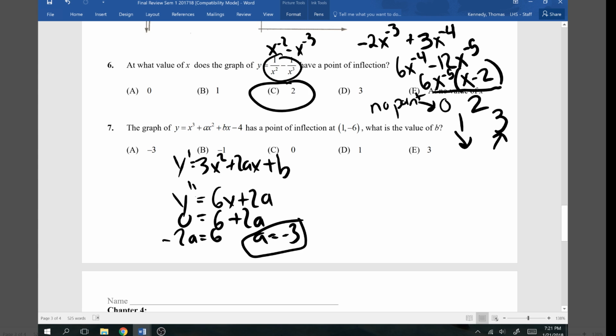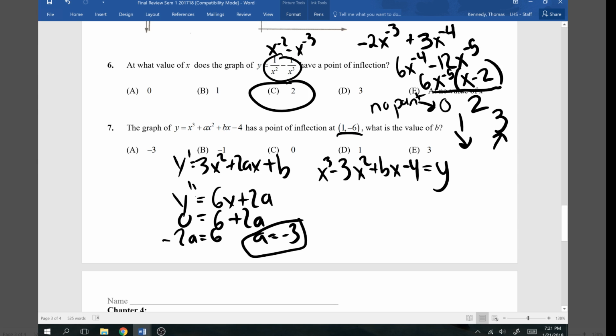Then I am given the y value, so I should go back to my original function and just put the -3 in there. So I get x cubed minus 3x squared plus bx minus 4. That's my original equation with -3 plugged in.